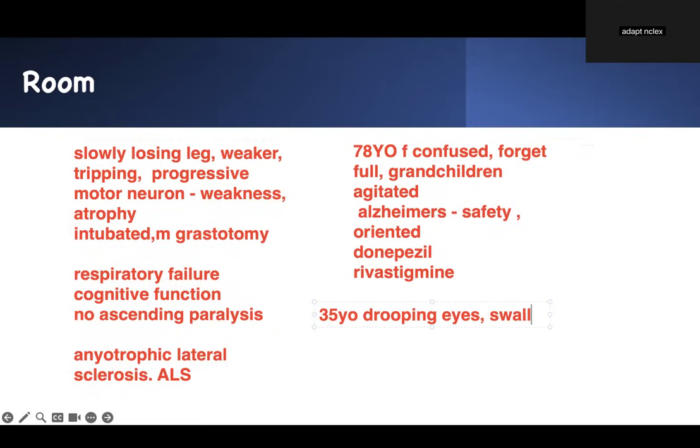Then he says swallowing problem, and it gets worse at the end of the day. You think, what is going on? Drooping of your eyes, swallowing problem, and it gets worse during the evening, but during the day, in the morning, you're strong.